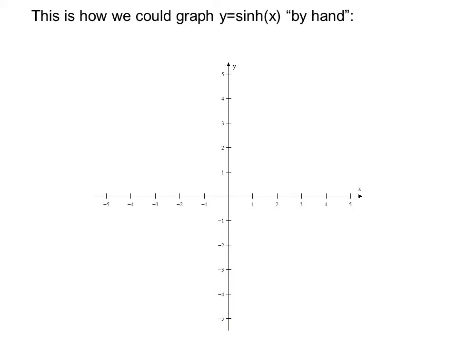This is how we could graph y equals sinh x by hand. Since sinh x equals e to the x minus e to the negative x over 2, we start with a graph of y equals e to the x.